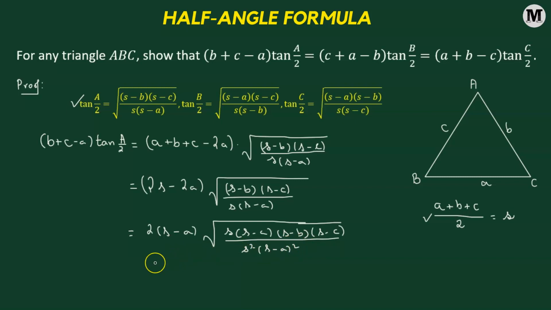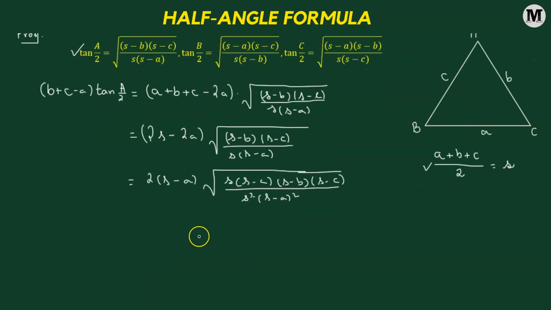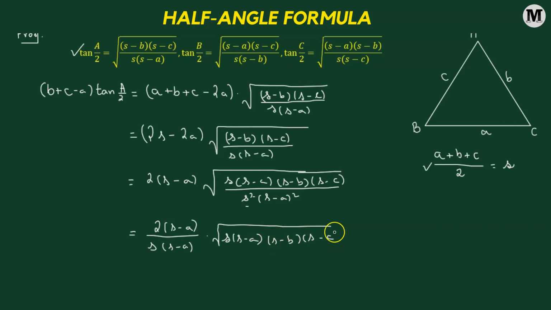This is going to be equal to, now since s squared times (s minus a) whole squared is a perfect square, we can pull it out of the square root. That's going to give us 2 times (s minus a) divided by s multiplied by (s minus a), multiplied by the square root of s times (s minus a) times (s minus b) multiplied by (s minus c).